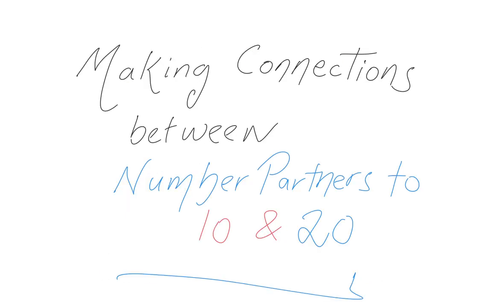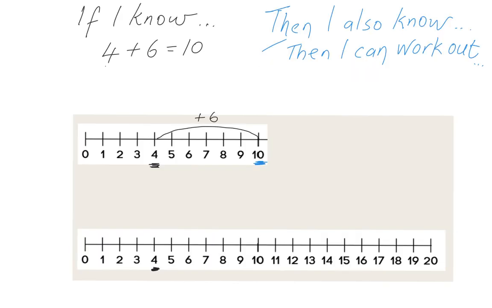Let's make some connections now between our number partners to 10 and our number partners to 20. And here I want to use the routine, if I know, then I also know, or if I know, then I can work out. So if I know that 4 plus 6 equals 10, and it may be that some of the students know it from their rainbow facts or their rainbow partners to 10.